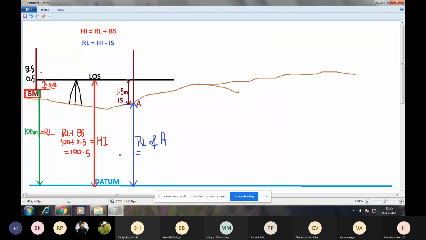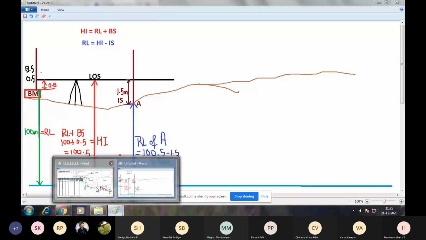So RL is equal to HI, which is 100.5 meter, minus 1.5. RL of A is 99 meters. I'll write the same thing in the table.